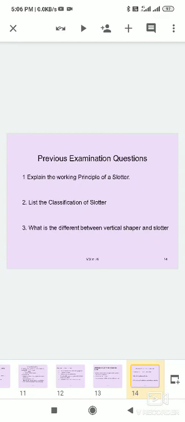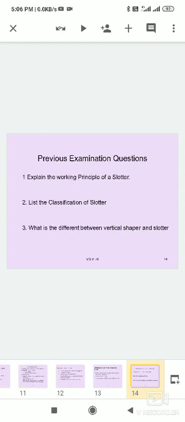And the slotter tools are also very important in the machine.